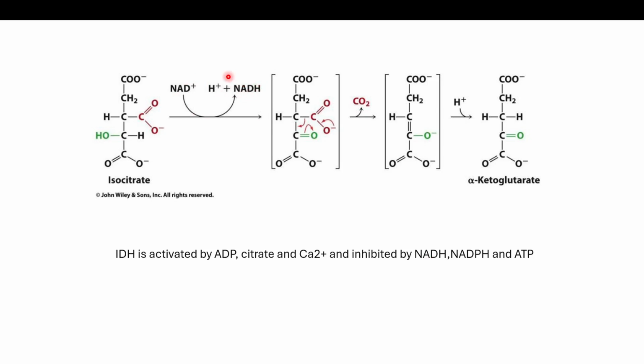If NADH, the product, is already at high levels, then it is a negative regulator. If NAD plus levels are high, then it will help in the conversion of isocitrate to alpha ketoglutarate. Okay.